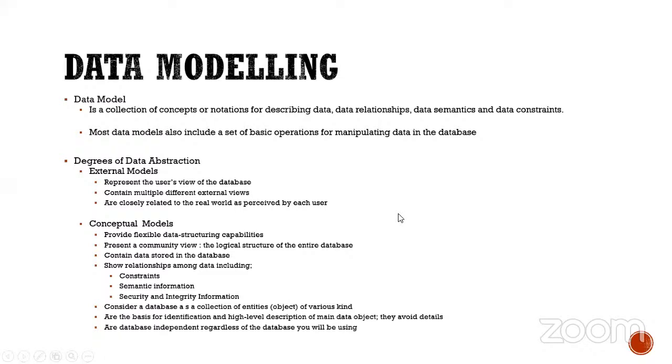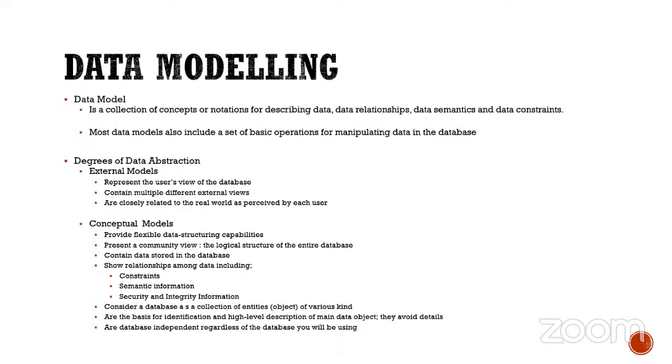Now, before moving further, I asked you in your quiz, what's the data model? The expected answer is that the data model is a collection of concepts or notation for describing data, data relationships, data semantics and data constraints. When you are trying to describe data, we use what we call a data model.